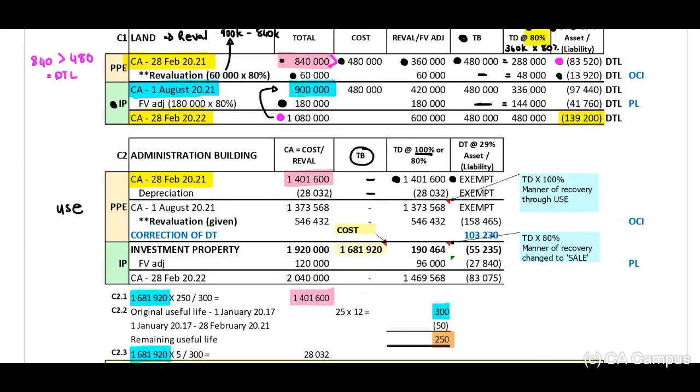Therefore, times 5 over 300, and this will be 28032. Therefore, on date of transfer, which will be 1 August 20.21, we have a carrying amount of 1373568. Carrying amount minus tax base 1373568, and this will be exempt.